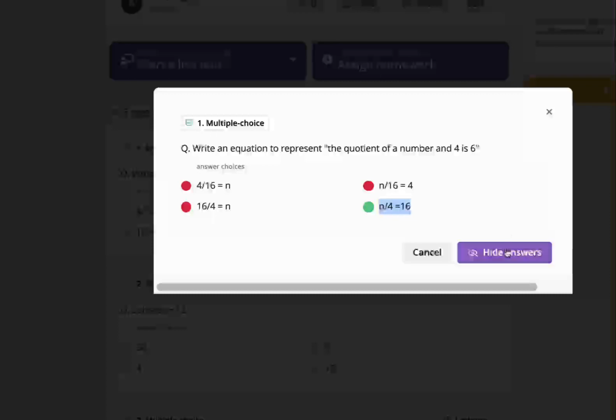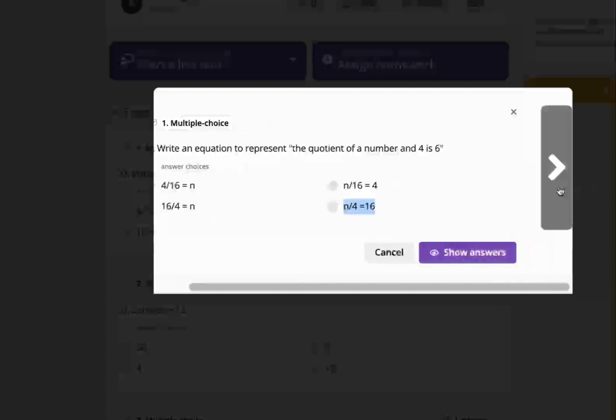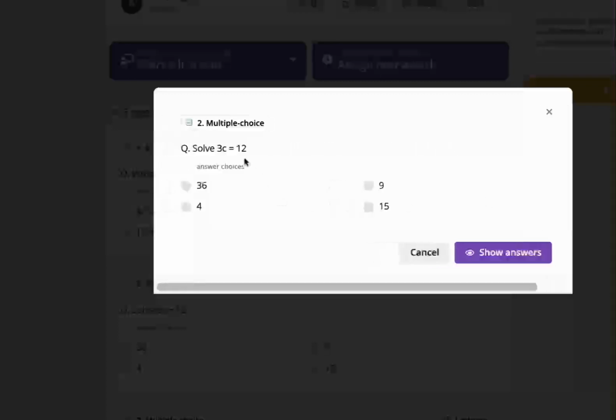You're welcome. In the next question, my heroes, 3c equals 12, so we should divide by 3 on both sides. 3 divided by 3, they undo each other. So we have c on the left side. And on the right side, 12 divided by 3 equals 4.